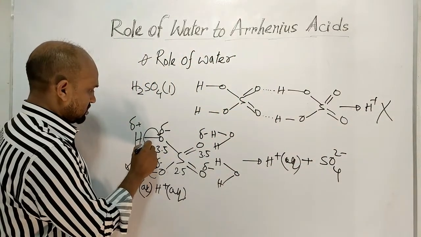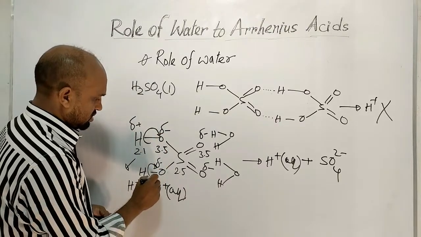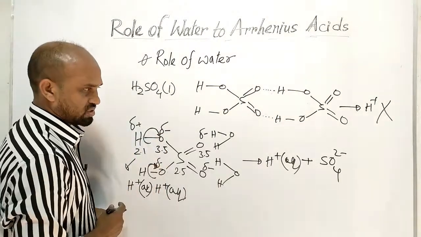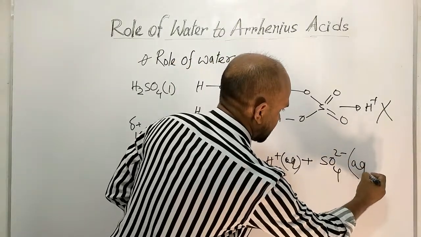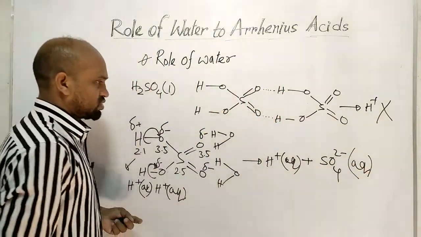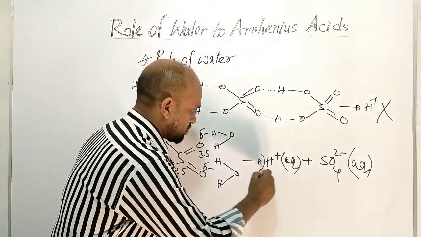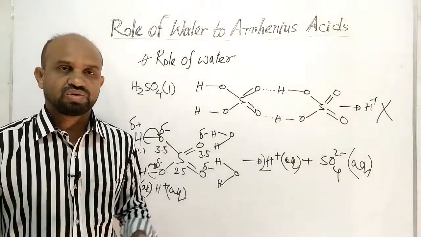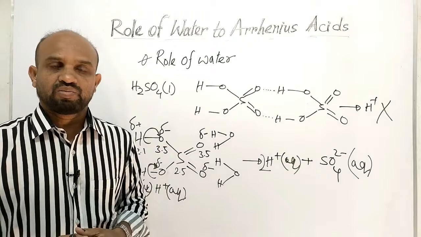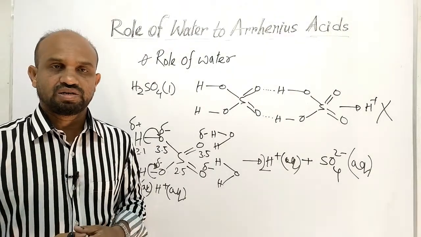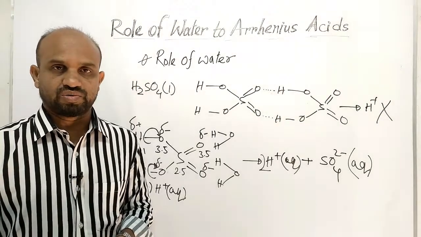Here these covalently bonded electrons go to oxygen, these covalently bonded electrons go to oxygen. That is why sulfate 2-, which is surrounded by water molecule. So in this way, sulfuric acid produces protons in water. So sulfuric acid is a kind of Arrhenius acid in presence of water, but not Arrhenius acid in absence of water. Let's see another compound.